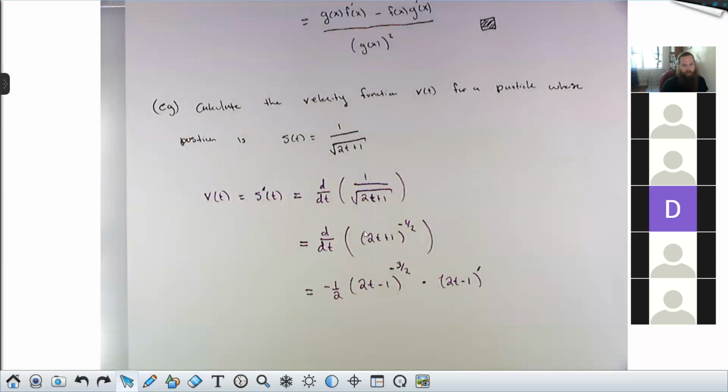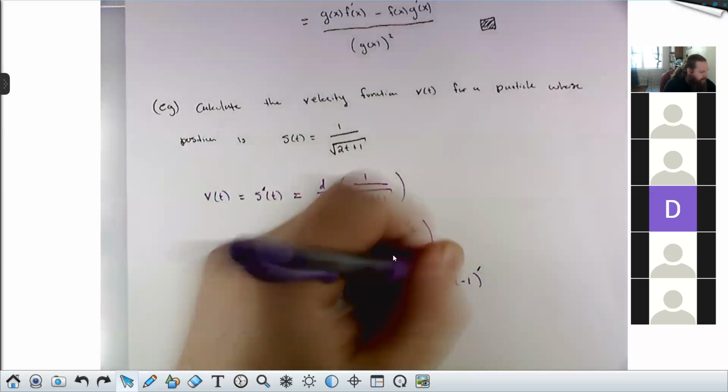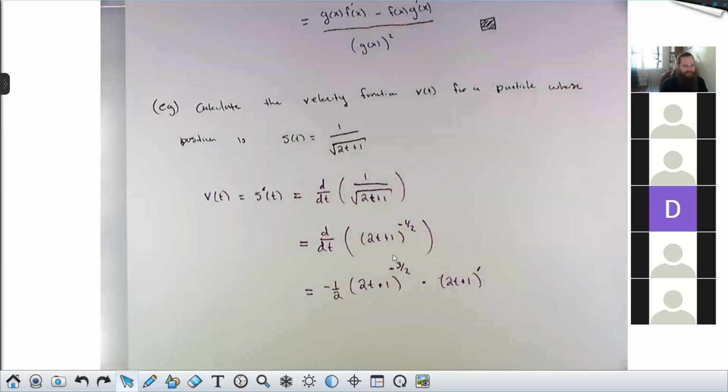Here again, my inner function is the thing being raised to the power, and my outer is that power function. This is like u to the -1/2, where u is 2t plus 1. Oh, thank you. Sorry, yes, there we go. Okay.